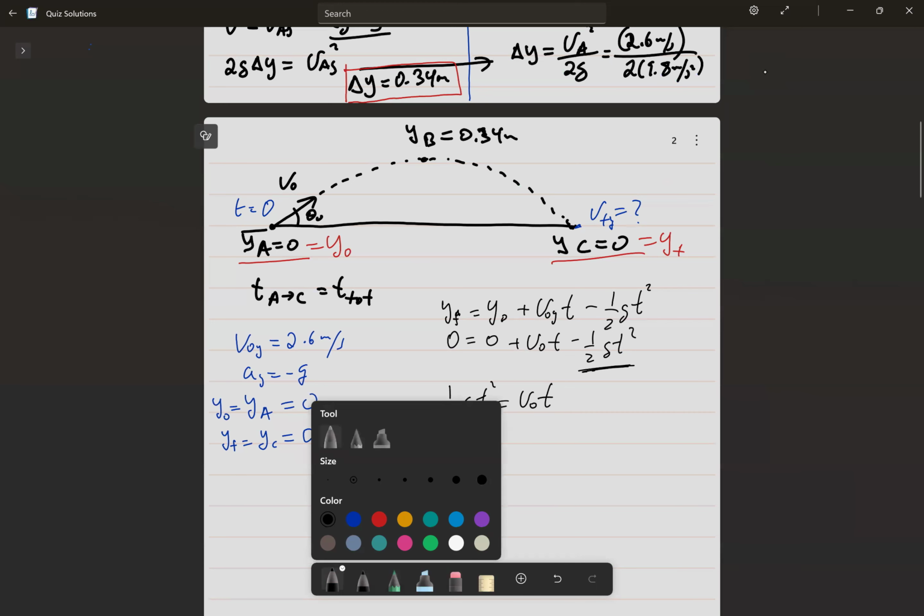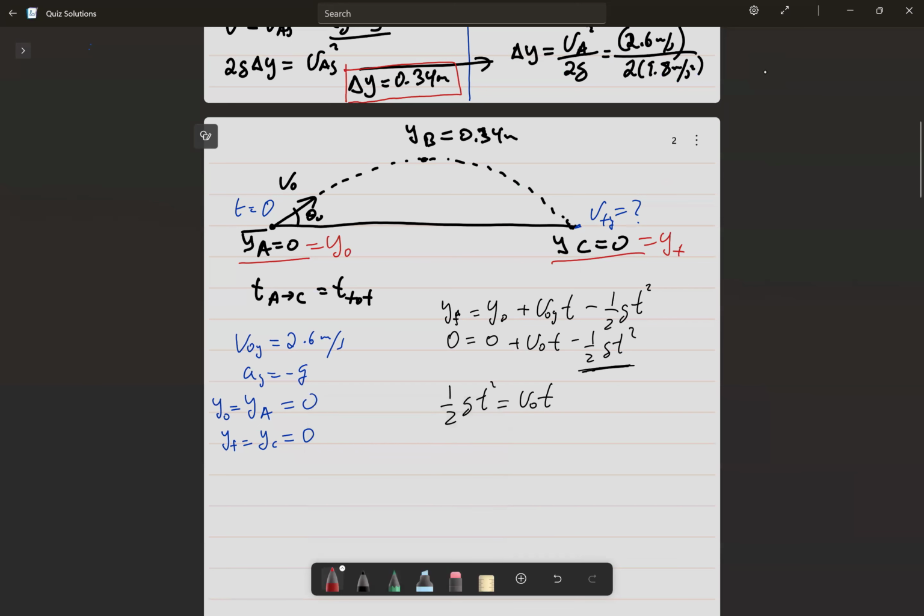Now, the good thing about starting from the ground and hitting the ground is that this second equation ends up giving us a simple calculation. Because my displacement between points A and C in a vertical direction equals 0, I don't have a component there, which allows me to cancel the time over here.